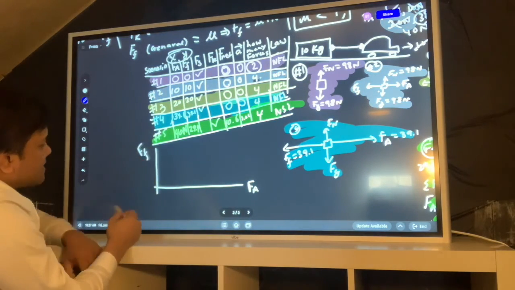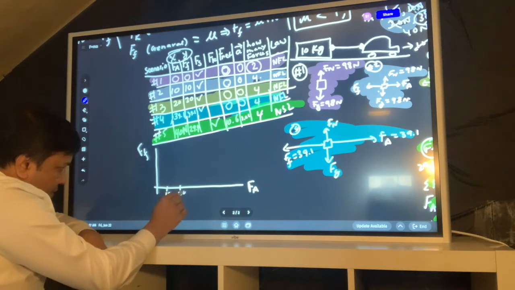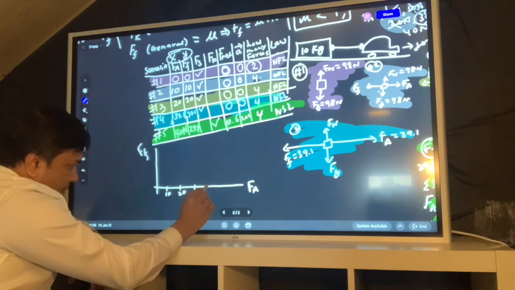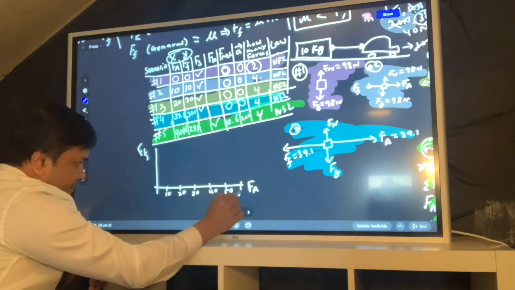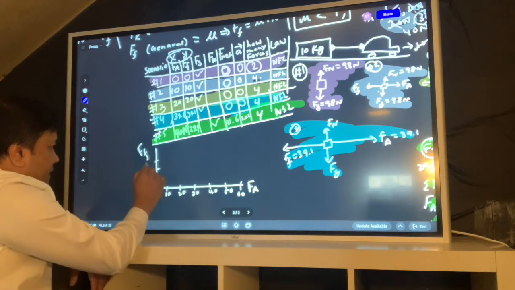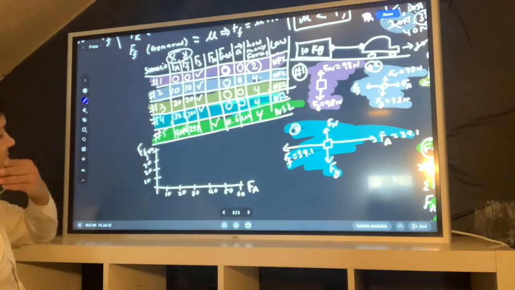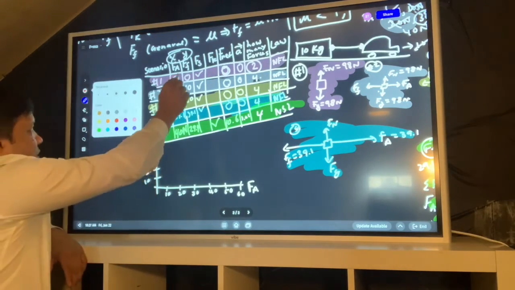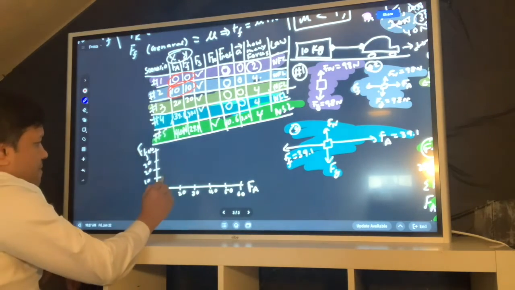Okay, so let's put some values. 10, 20, 30, 40, 50 and 60. 10, 20, 30, 40. Alright, so now we're going to draw the points. The first point is 0, 0. The second point is 10, 10.